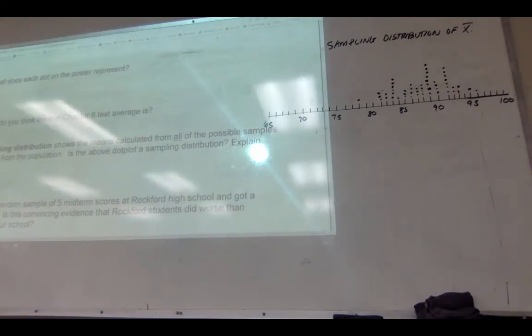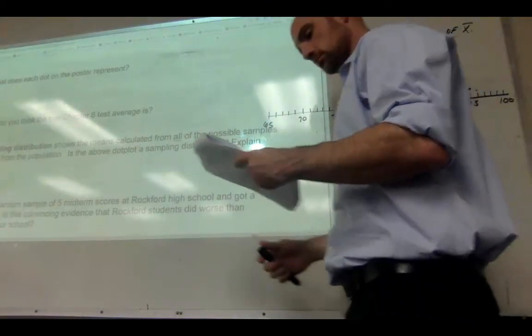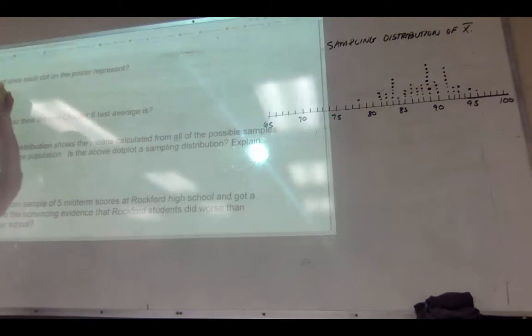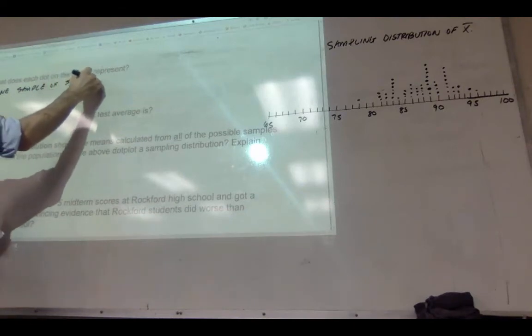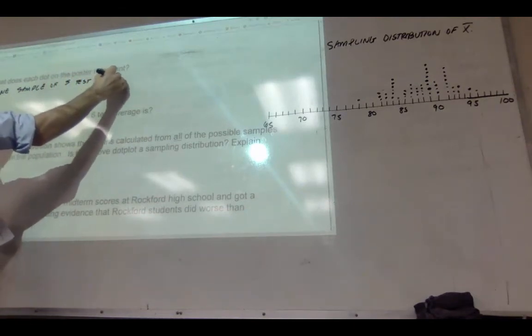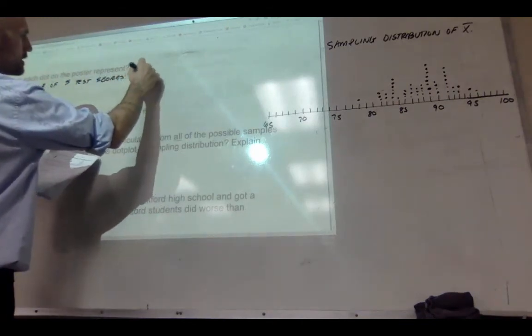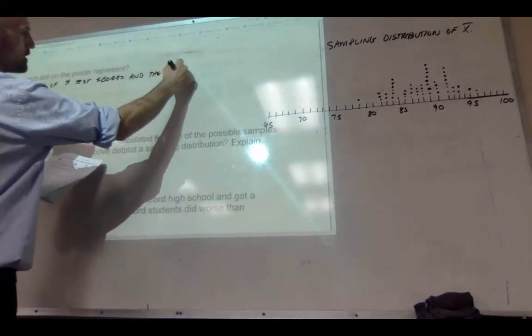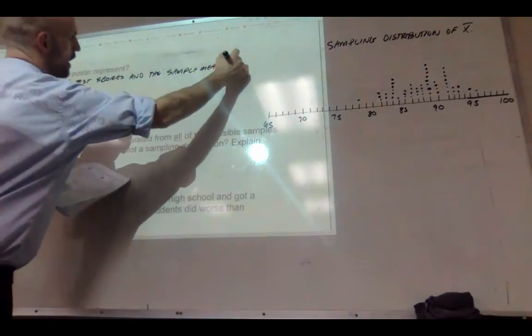So answer this question. What does each dot represent? One sample of 5 test scores, and the sample mean, or X bar.